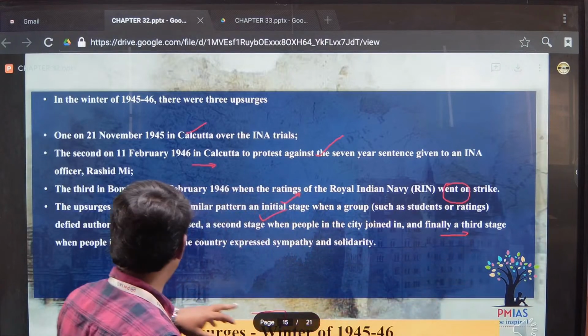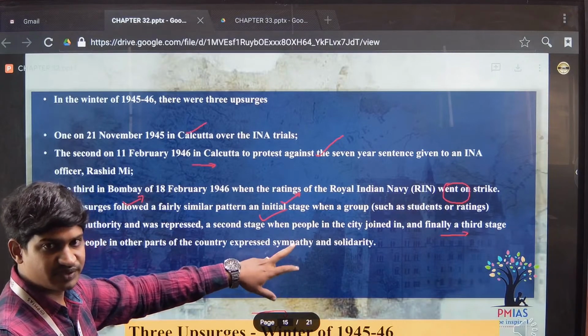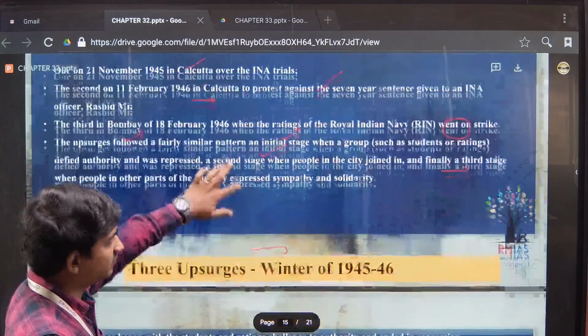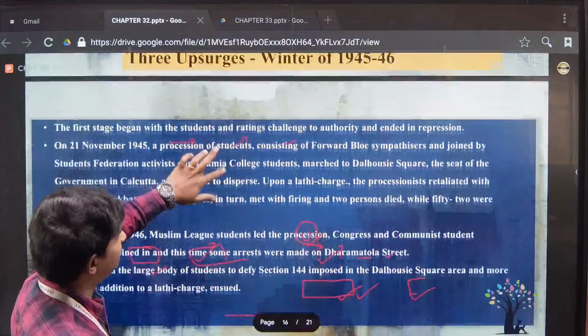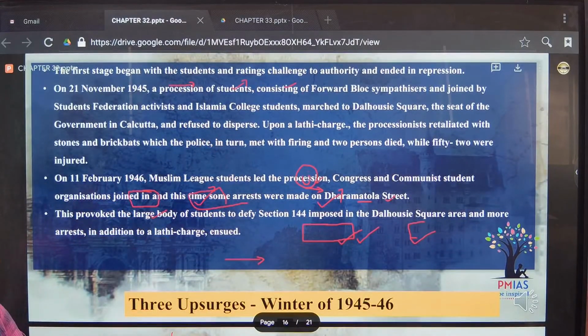And in the final third stage, people from other parts of the country expressed their sympathy and solidarity towards the movements, that is, all the movements that took place during 1945 to 1946.